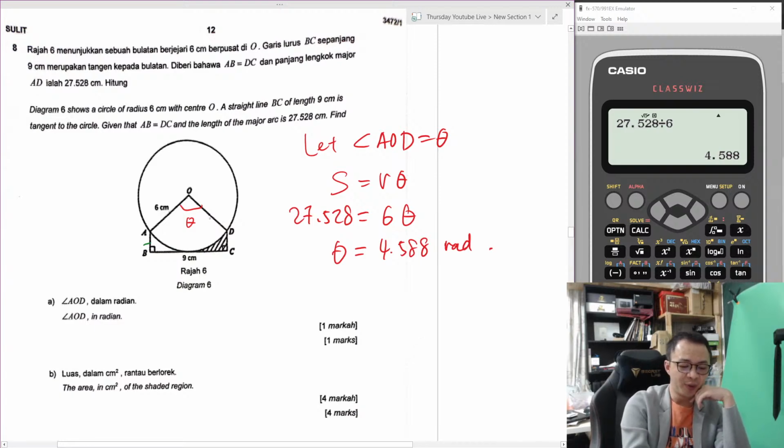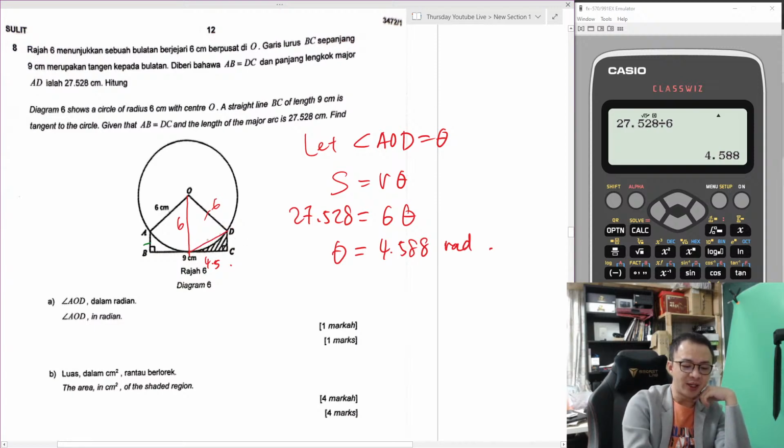Because both of these radii are the same length, I believe this line is a tangent. I can cut it into half here, so this length will be 4.5 and this length will be 6. What we want to do now is solve a triangle to find the DC.